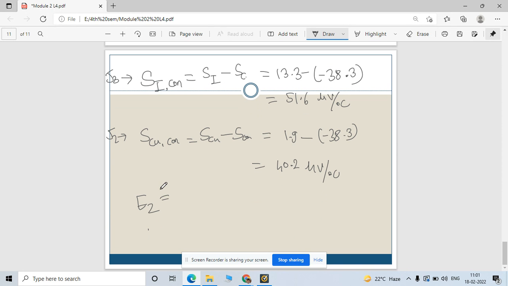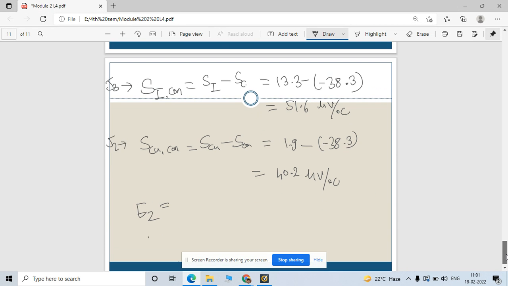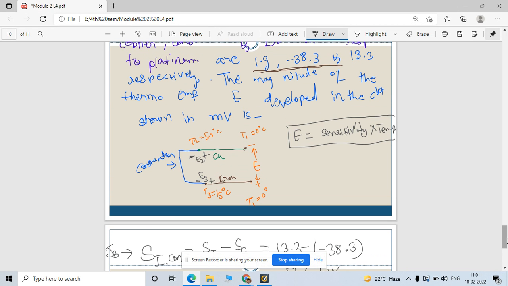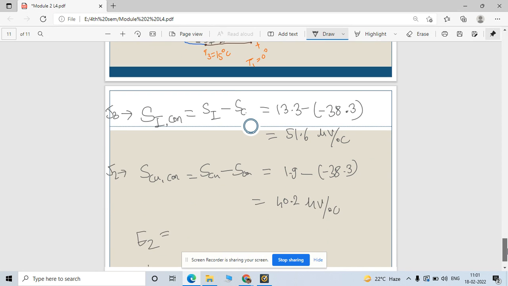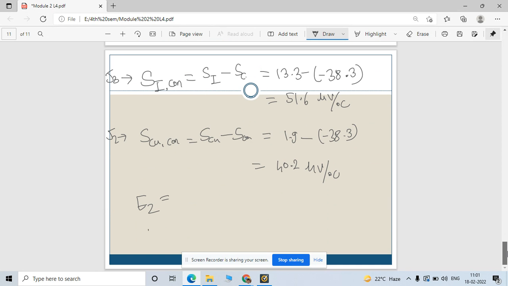E2 कितना आ रहा है? सॉल्व करो. सिंपल आपको इसको मल्टीप्लाई करना है उससे टेम्परेचर से. ओके, for junction T2 is 50. 50 multiply by this 40.2. So 40.2 multiplied by 50, you will get 2010.